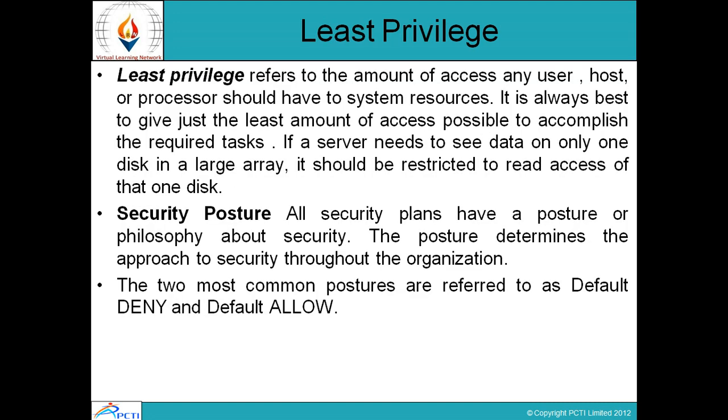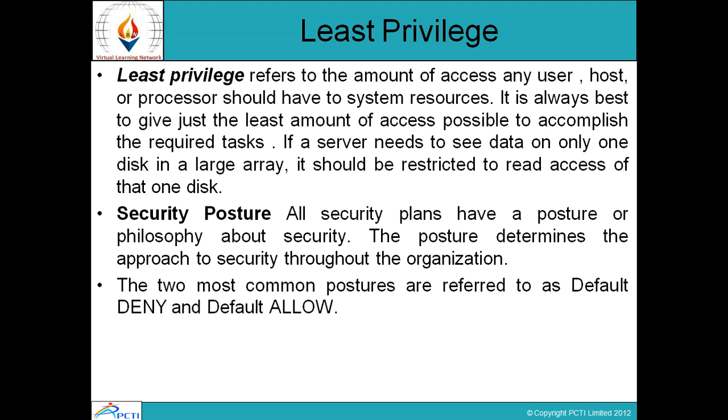Next we are going to discuss least privilege. Privilege refers to the amount of access any user, host or process should have to system resources. So it is always best to give just the least amount of access possible to accomplish the required task.